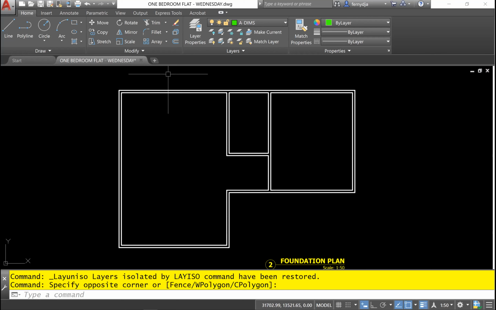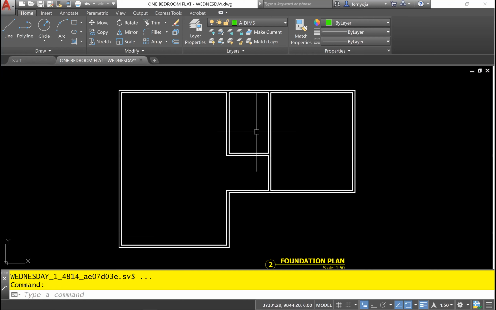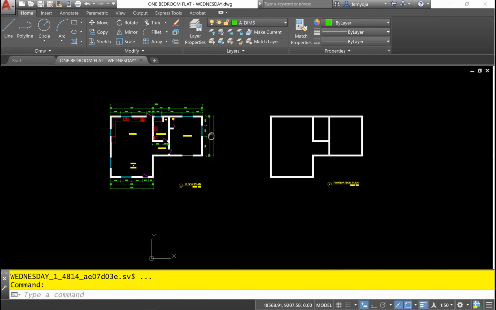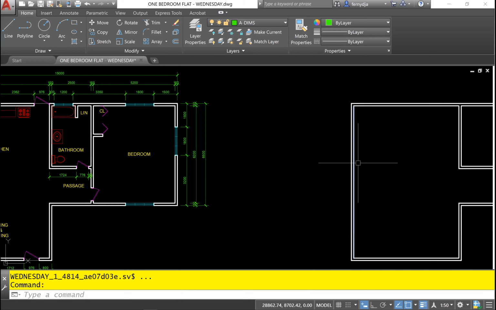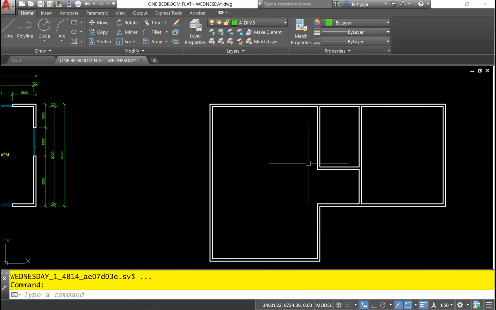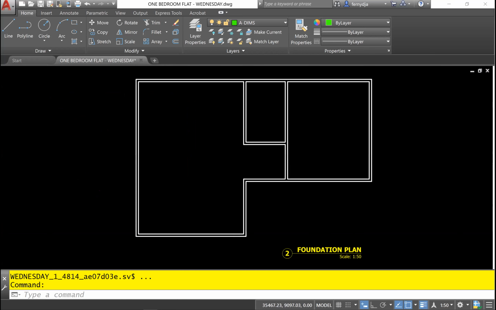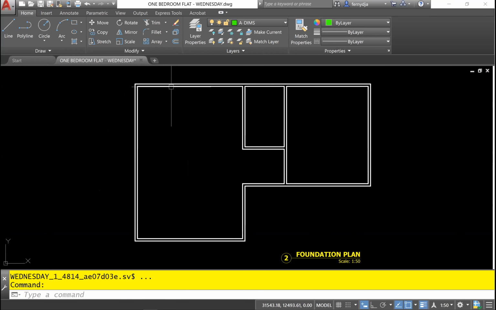Because we don't need to excavate the ground for our closet walls, which are non-load bearing walls, I don't need to excavate foundation to have those walls coming out of the ground. So before those walls were added, before the openings were created, we made a copy of those walls and pasted them over here. All right.